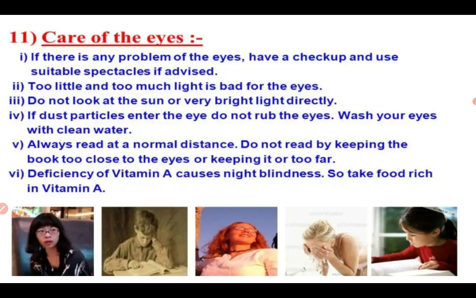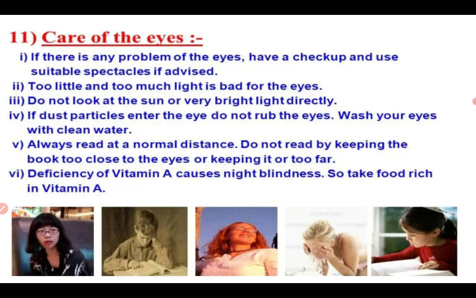We should not look at the sun directly because the sun has bright light and this bright light can burn the retina also. If any dust particle enters the eye, we should not rub the eye. We should wash our eye with water and use a clean handkerchief.